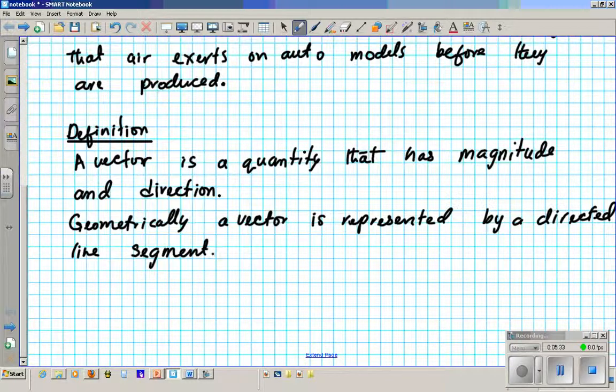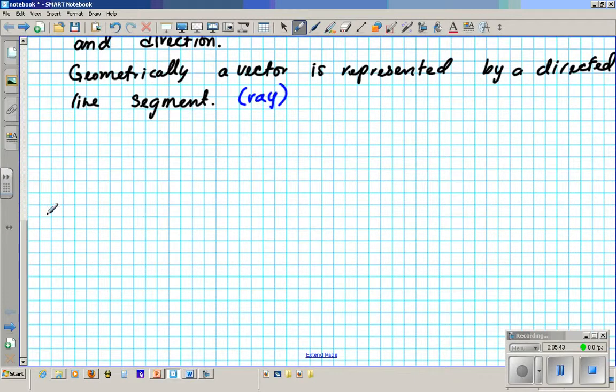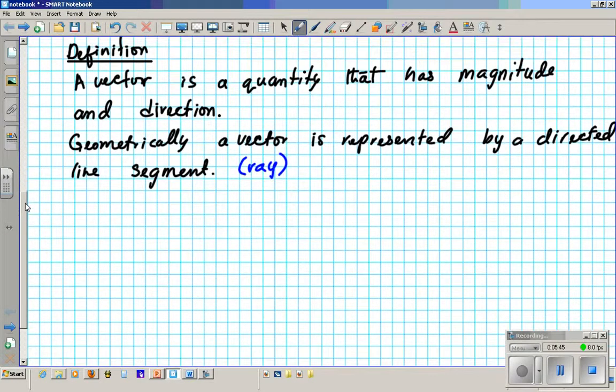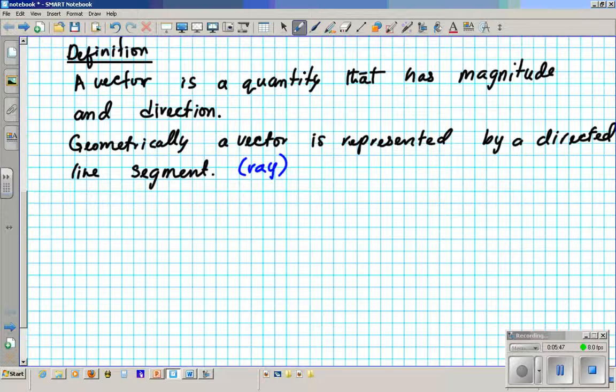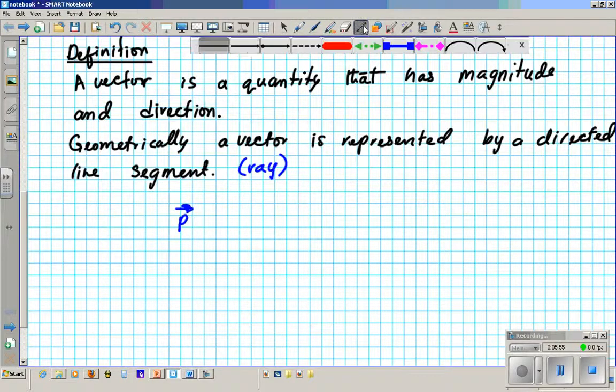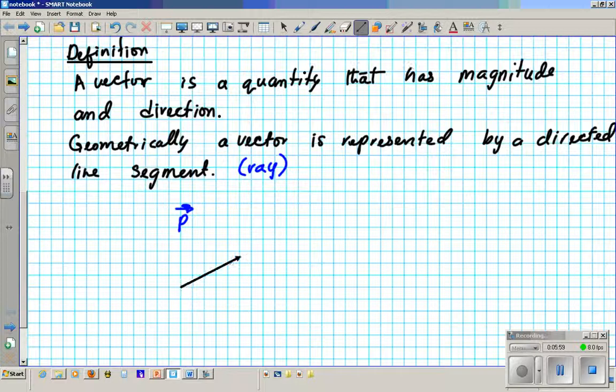This you learned in geometry as a ray. Okay, you can also call it a ray. Directed line segment. All right. So what does that look like? What does a directed line segment look like? Let's create a vector. Let's call it vector p. Okay, vector p. So it looks something like this.